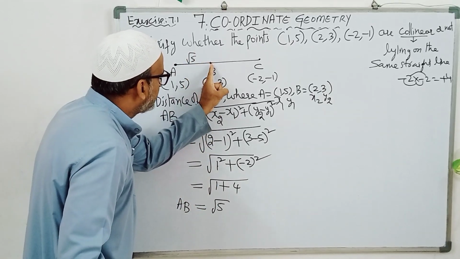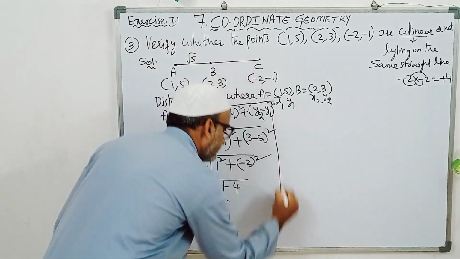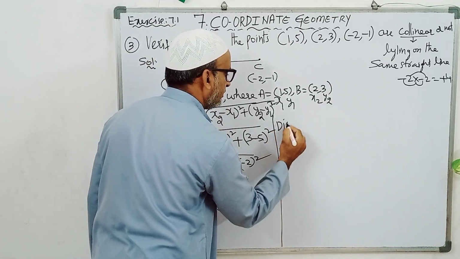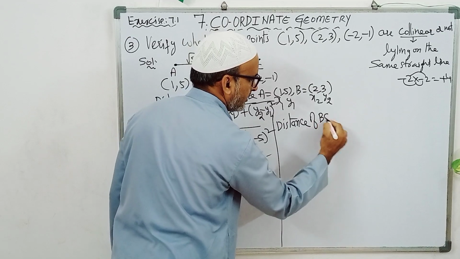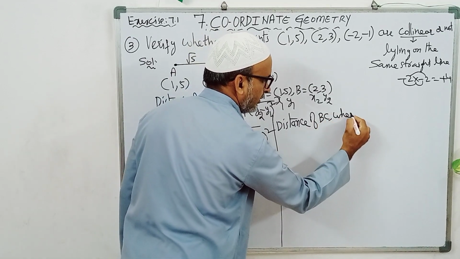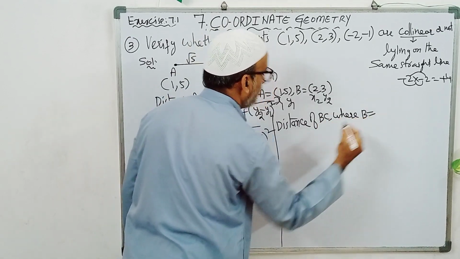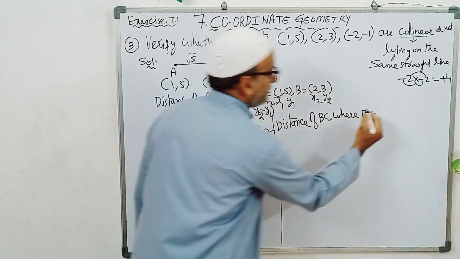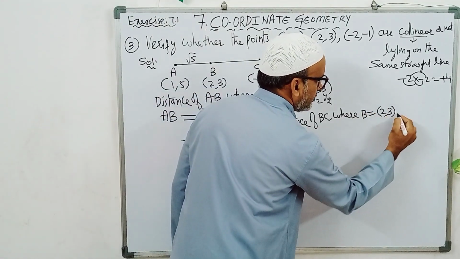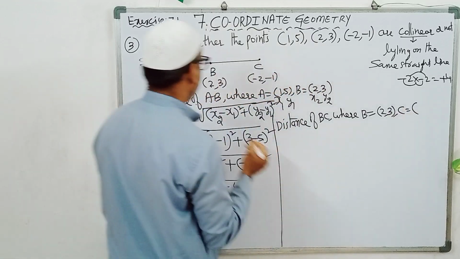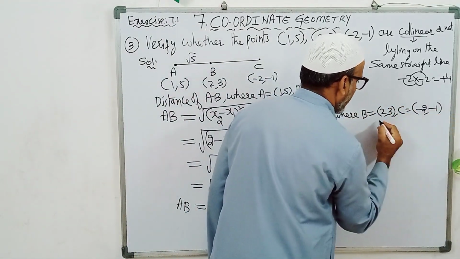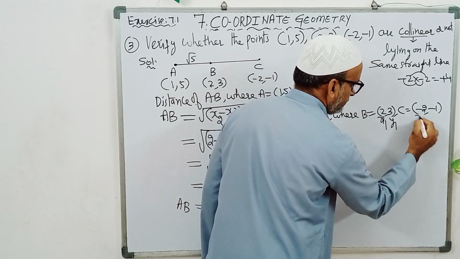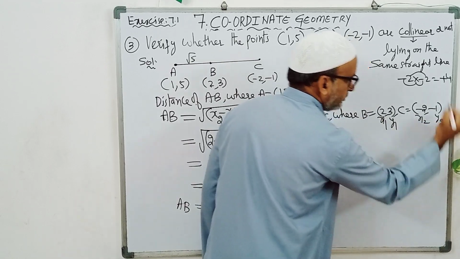Now you find the distance of BC, where B is equal to 2, 3 and C is equal to minus 2, minus 1. These are x1, y1, x2, y2.